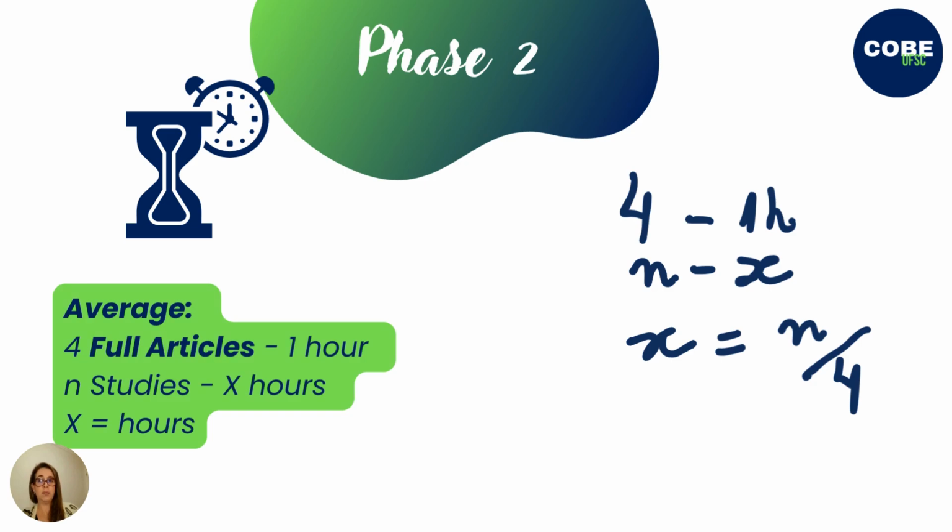In phase 2, to calculate the reading time for the full text screening, we can apply the same rule of 3. An experienced reviewer can read 4 full studies per hour, and the calculation will be to find the total time X hours needed to read n full studies, you can use the formula 4 studies to 1 hour and n studies to X hours.